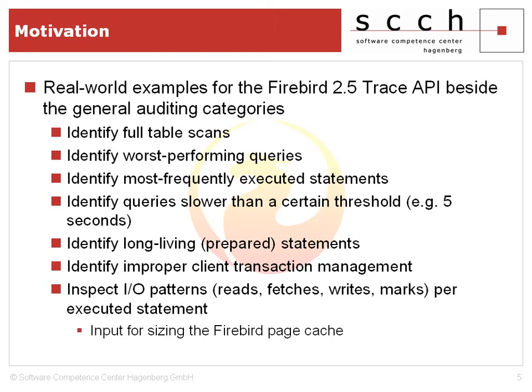So if you want to know the 10 most frequently executed statements and you're running a trace session, you're able to identify those, and you might concentrate on optimizing these statements before optimizing some other statements. You can identify queries lower than a certain threshold. You also can identify long-living statements. So if you have a prepared statement which lasts for 1 or 2 days or whatever, you are able to capture this.